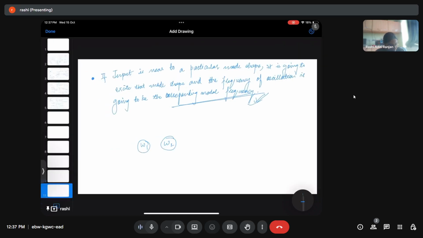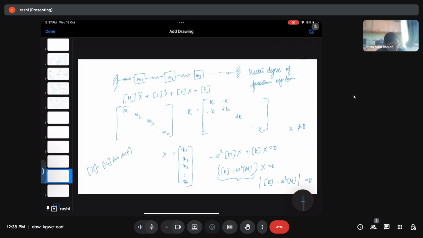Now for the multiple degree of freedom system, if I want to find a solution, I've told you already, we are going to find a general solution as a combination, or if we are exciting a particular mode and a particular modal frequency, we can just write the solution in terms of that frequency. Okay, I hope it is clear.